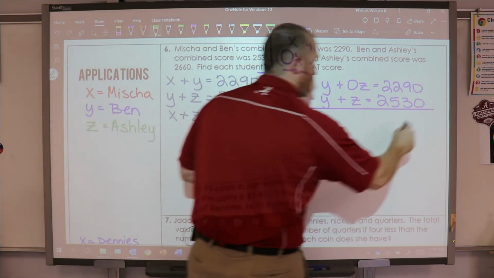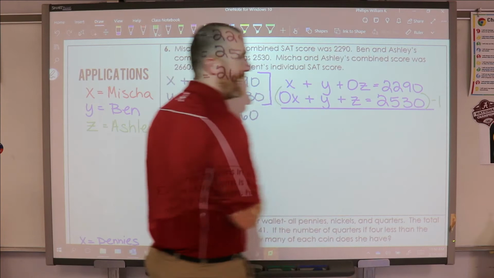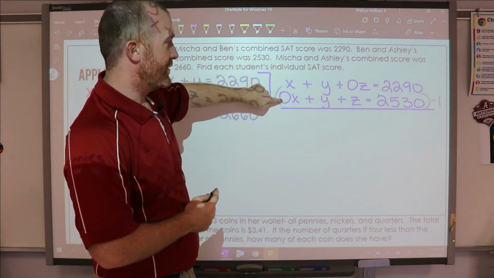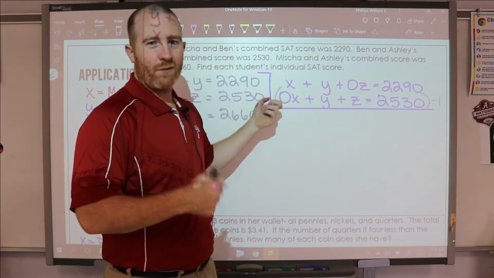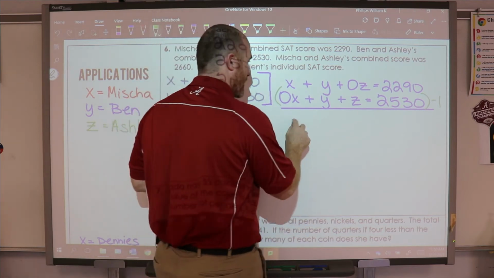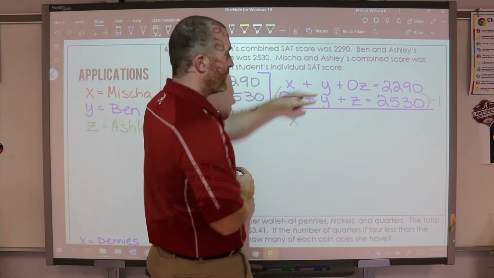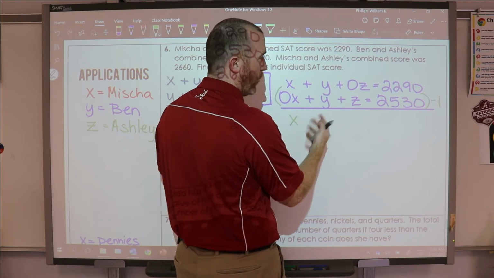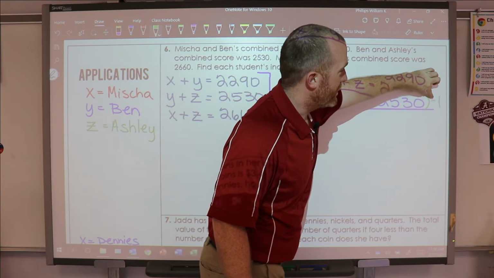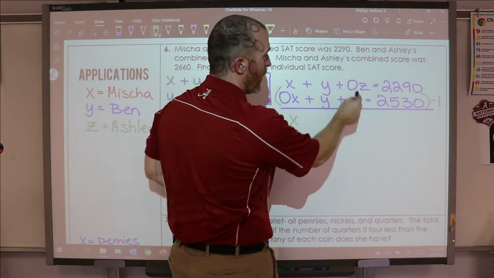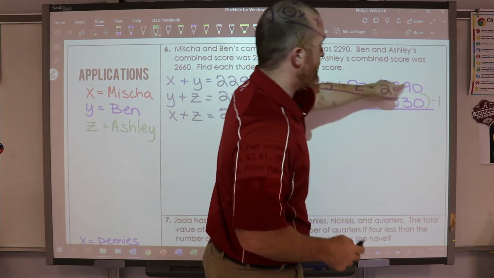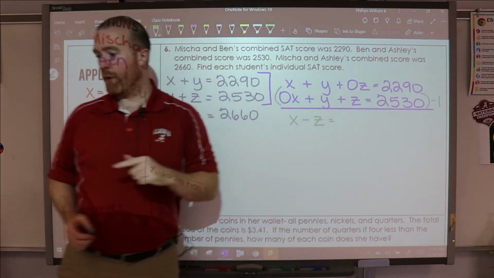So I'll take this bottom equation and I'll multiply it by -1. So X minus 0X, well, 0 times -1 is still 0, and X plus 0 is just X. Y minus Y, there are no Y's, 0. Then that's a -1 times Z, so 0 minus Z is going to be X minus Z, and then 2290 minus 2530.